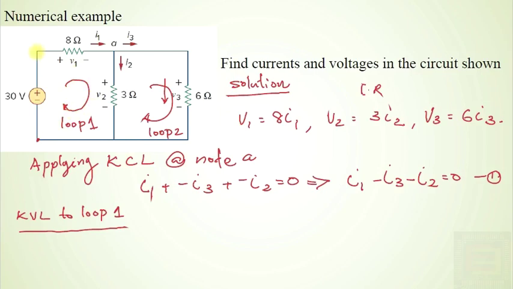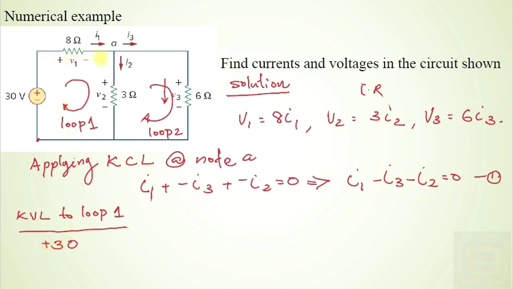When you reach up to this point, you can see that you are meeting a rising potential. According to the general convention, the rising potential can be considered as positive. So we are meeting a rising potential with strength 30 volt. So it will be plus 30 in Kirchhoff's voltage law.